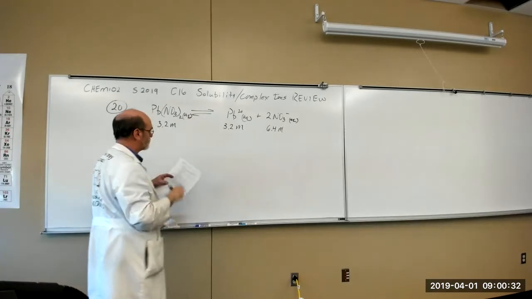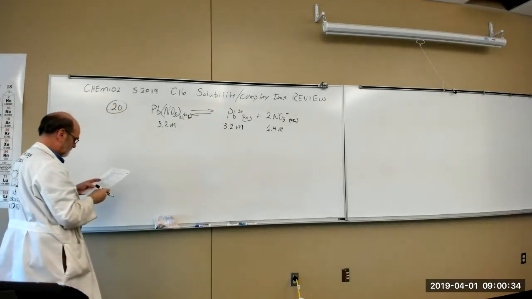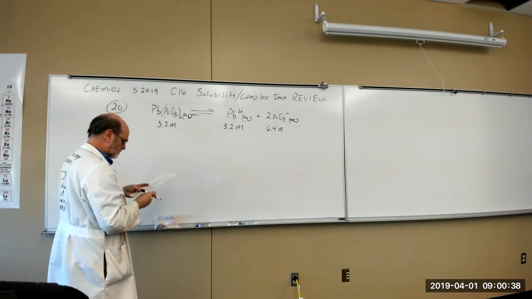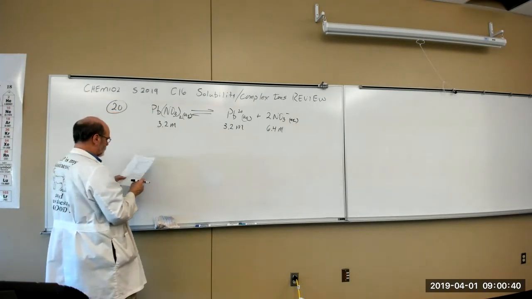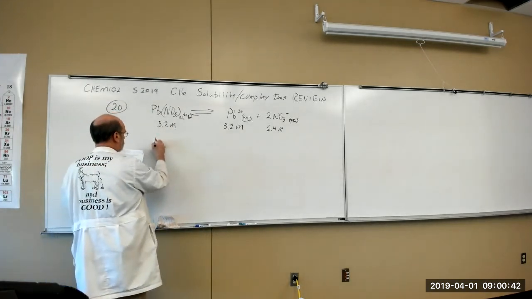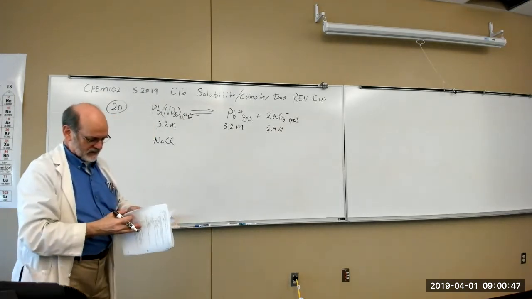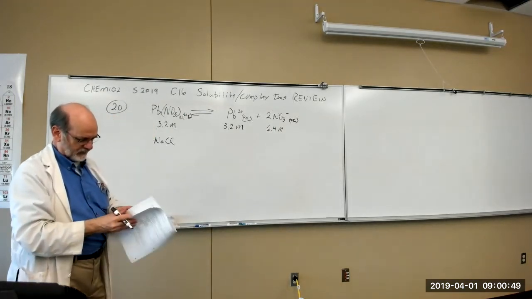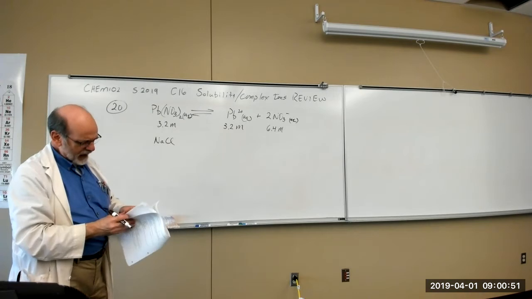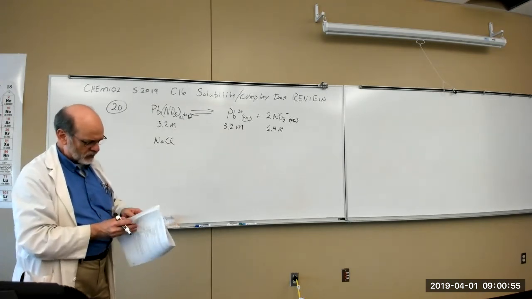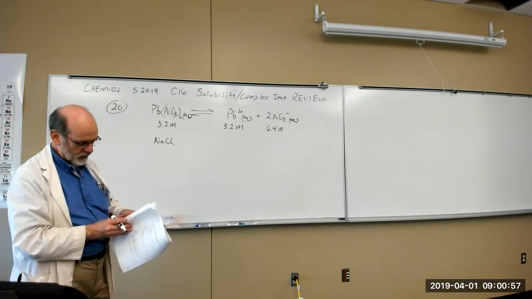It's not a solid. All nitrates are soluble. And then sodium chloride. Did we memorize that somewhere? Is that one of those commonly known things? I should have a solubility chart in here, but I don't.